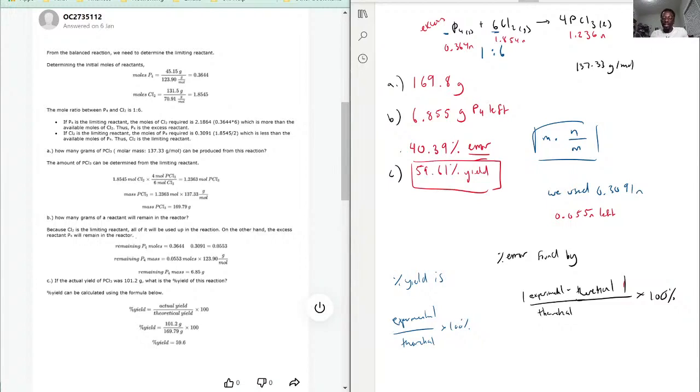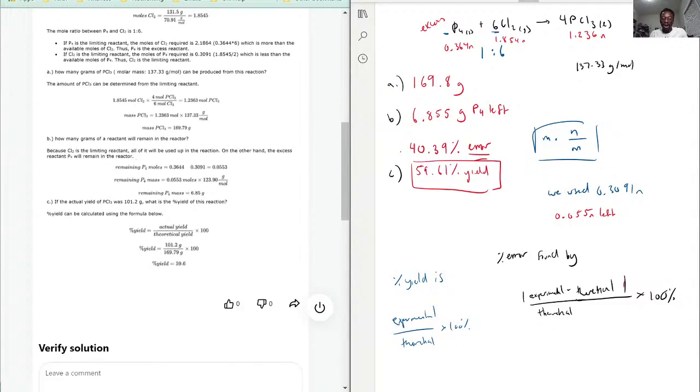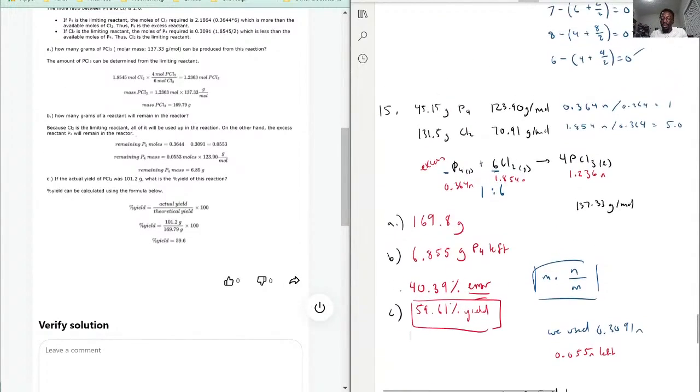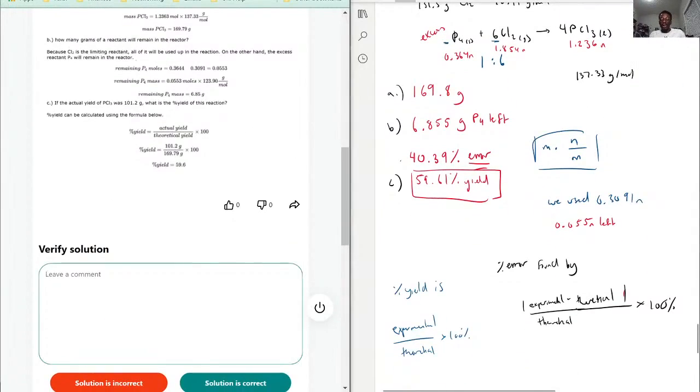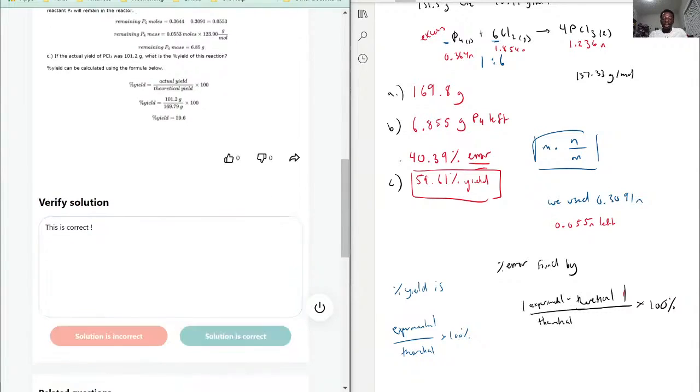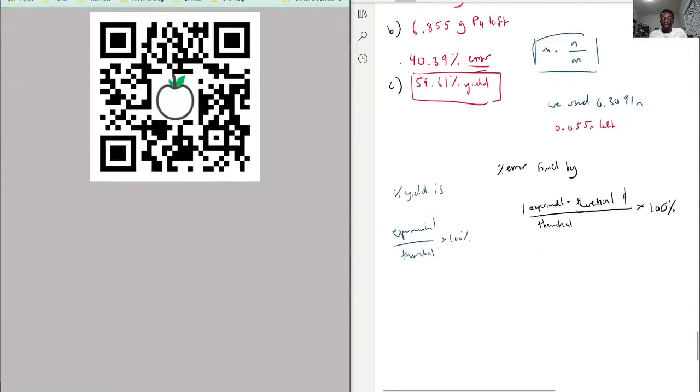And now our answers match. So just as how I did, just be careful that you are multiplying with the correct numbers, because that molar mass was a big error that would have definitely confused a lot of things. Luckily, we had a base to go off. And once again, the percent yield is just experimental over theoretical times 100. Okay, so that's correct. Let's move on to question number 16.